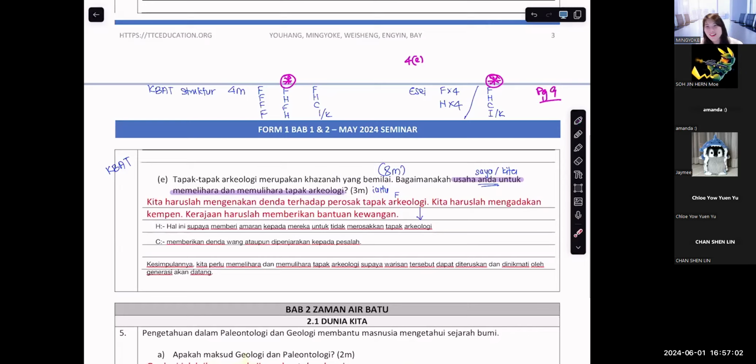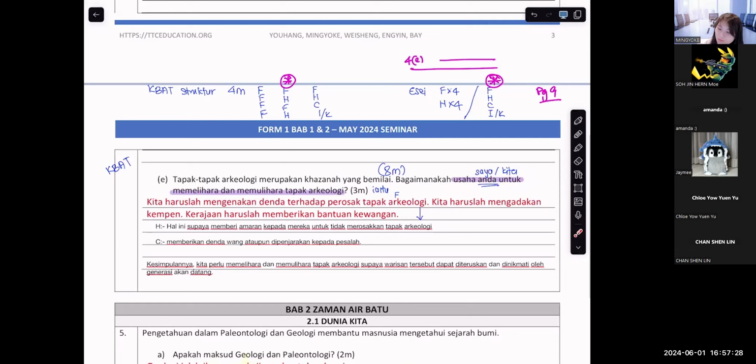Okay, now let's continue. Here, you need to write the kepala soalan, then you write kepala soalan 9. You need to write usaha saya or usaha kita. If you don't write saya, anda can be saya or kita. It's also referring to me or us.